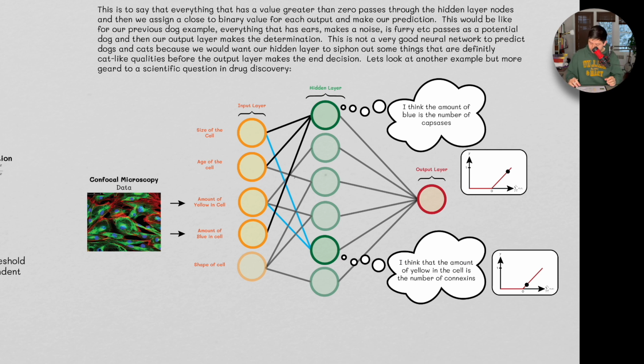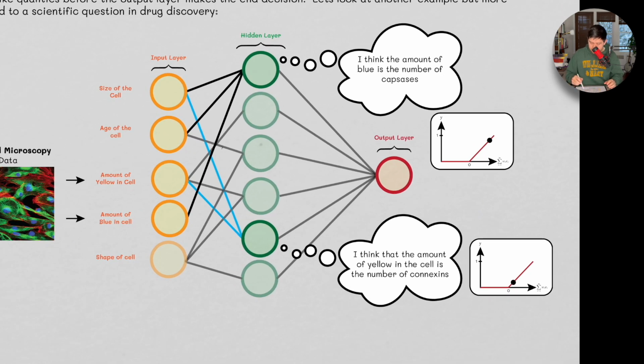And so what we get then is a node assigning some number of caspases and some number of connexins, okay? And then their outputs are going to get sent to an output layer, okay?